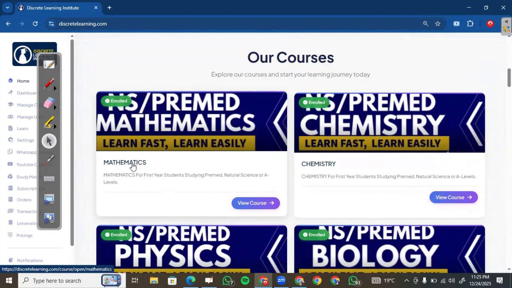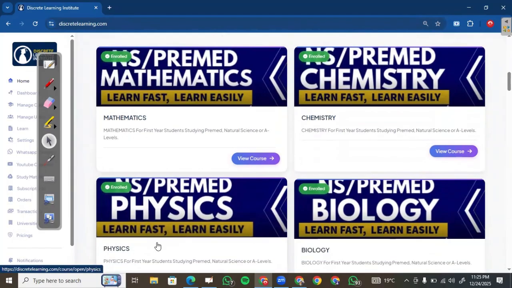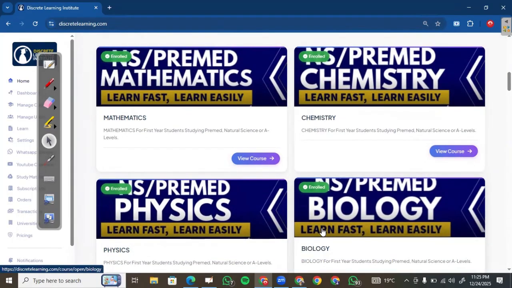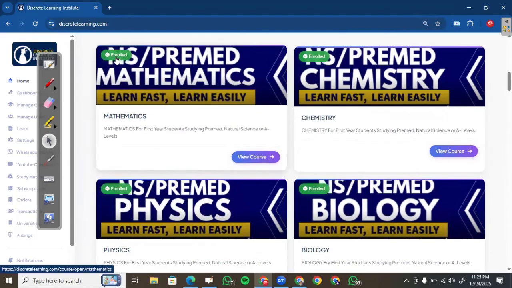This is mathematics, chemistry, physics, biology. You can choose any of the courses that you want to register for. If you haven't registered, where it's written enrolled, there's going to be an orange icon saying not enrolled. Make sure you enroll for the course that you want, and make sure it changes to green. Then you can open it and find whatever you want.